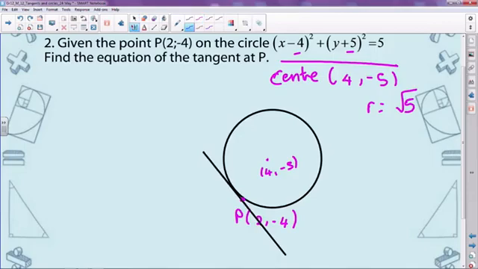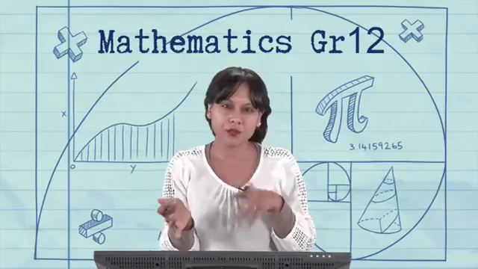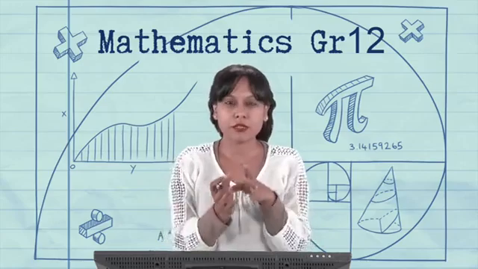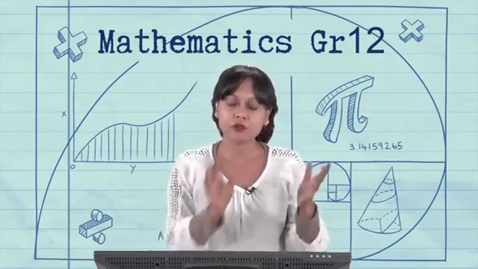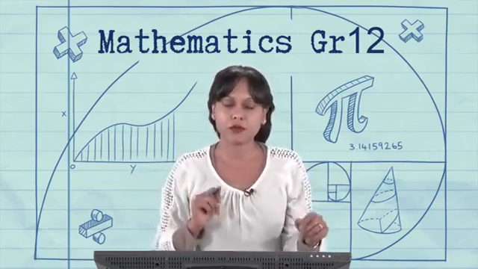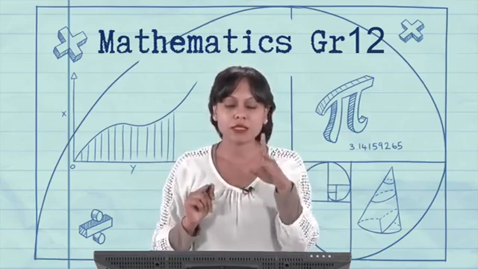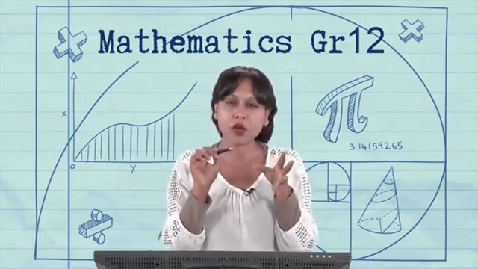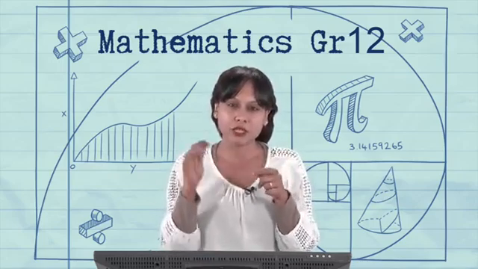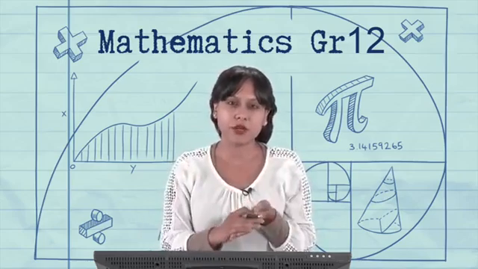Now we need to draw on some important things that we've already learned about tangents drawn to circles. Firstly, the tangent is just a straight line, so I know the defining equation, y = mx + c. We also learned that when the tangent meets the circle at that point of contact, the tangent is going to be perpendicular to the radius.